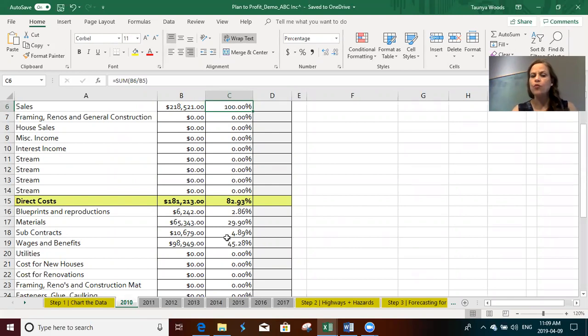Subcontracts, again, 4.89% of total sales. So in this example, you can see here that when we have one bucket for sales and one bucket for cost of goods, we're starting to understand exactly what the cost of goods are, but we haven't broken out the revenue streams. And again, we just have one bucket for cost.